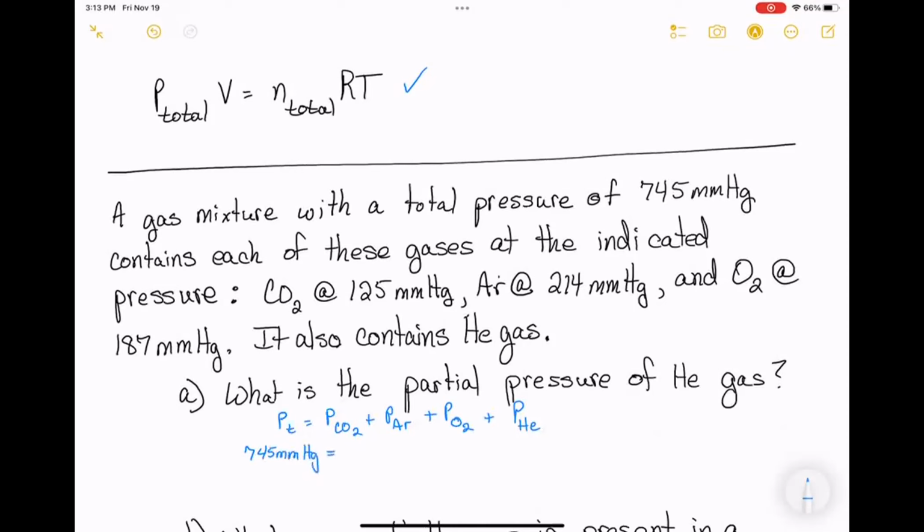That's equal to 125 millimeters of mercury, plus 214 millimeters of mercury, plus 187 millimeters of mercury, plus the pressure of our helium gas. And when you calculate out the pressure of the helium gas, you get 219 millimeters of mercury.